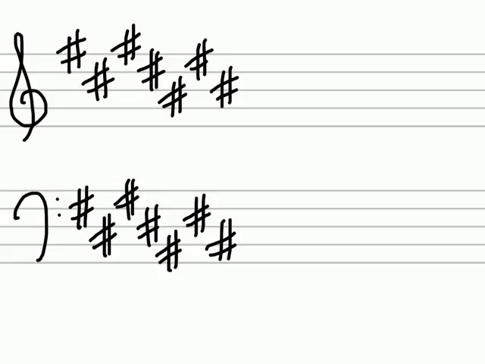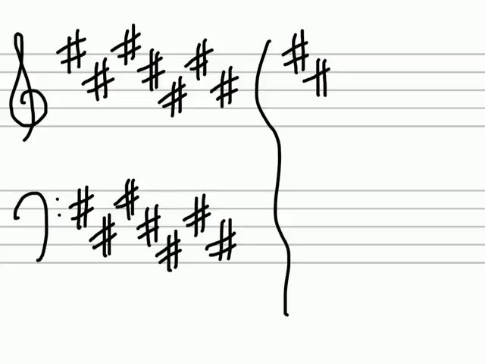So here are our sharp keys. If we only had one sharp in the key signature, that of course is the last sharp. It's on F sharp. If that's the leading tone, then go up to the very next note, and that would be G. So this is G major. Add another sharp.